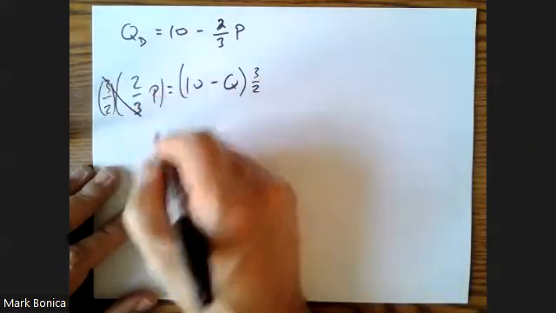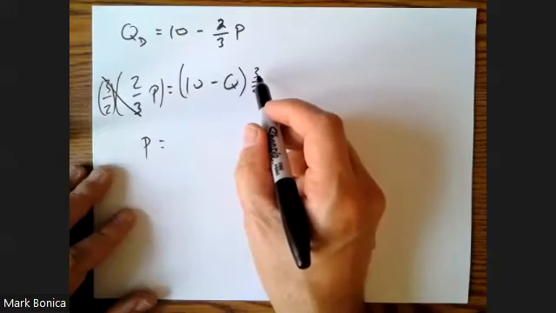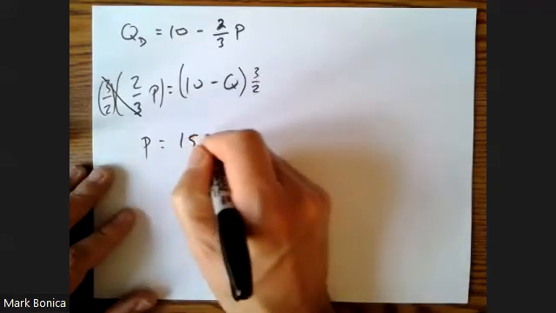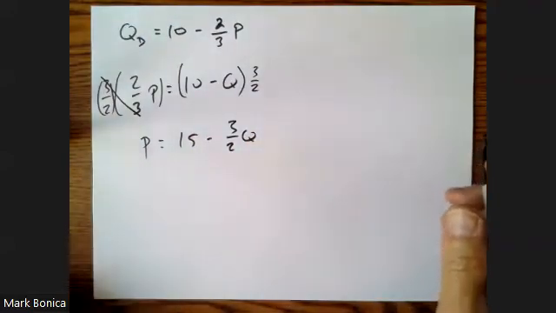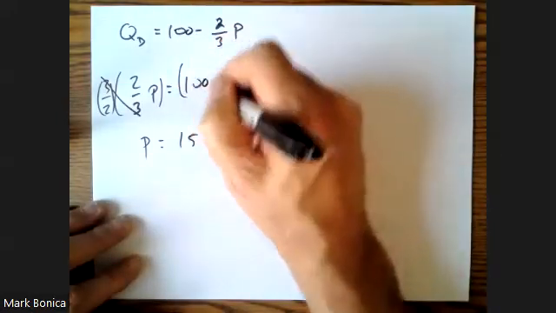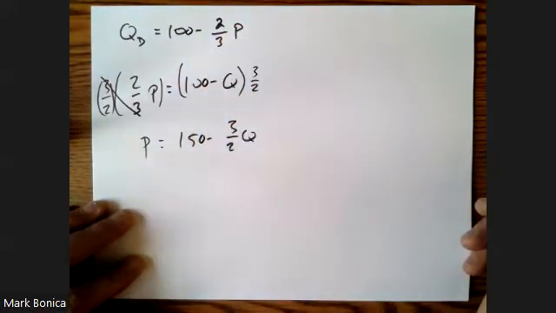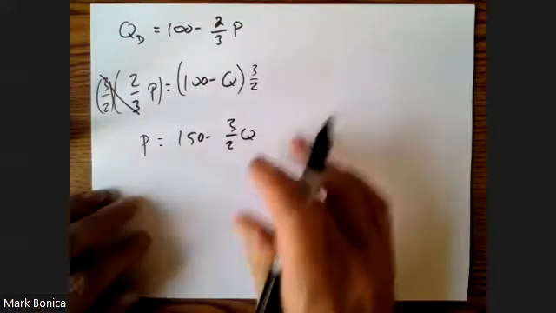That cancels this, and we get P equals 10 times 3 is 30 divided by 2 is 15 minus 3/2 Q. Oh, it's 100, not 10. Sorry, so it should be 150 minus. I thought something was off. So this is where you would start.